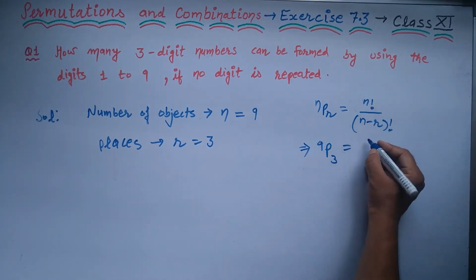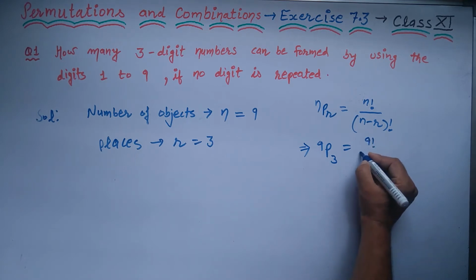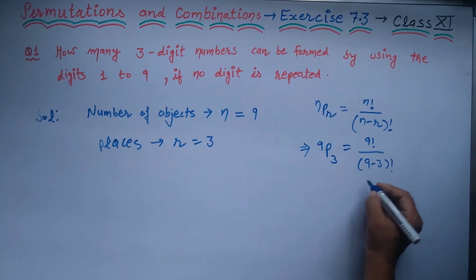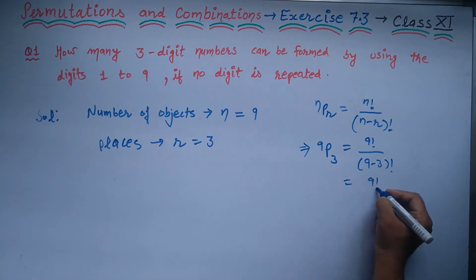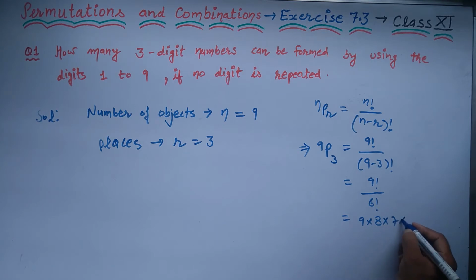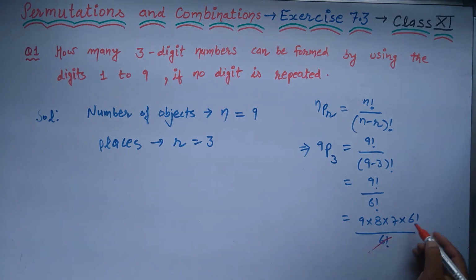Then this becomes 9 factorial divided by (9 minus 3) factorial. This is equal to 9 factorial upon 6 factorial, which is equal to 9 into 8 into 7 into 6 factorial, whole divided by 6 factorial. So this way 6 factorial in the denominator and 6 factorial in the numerator are cancelled.